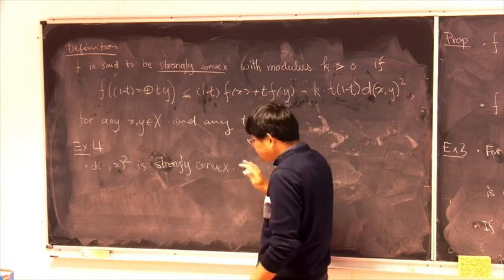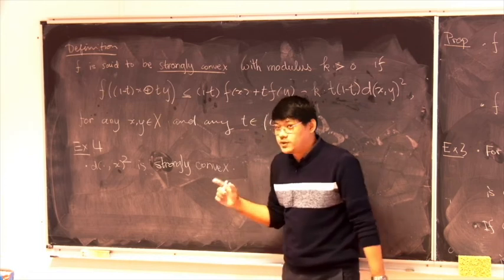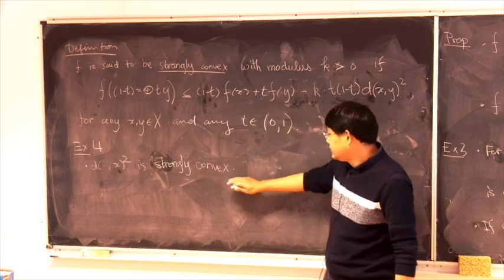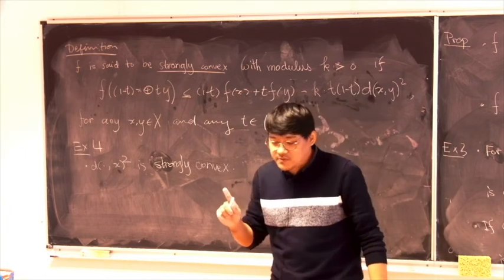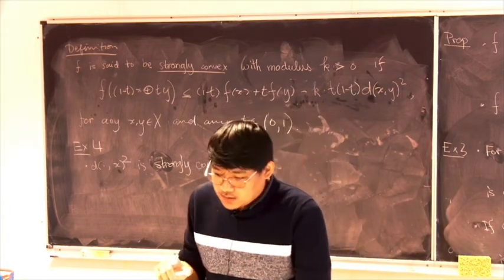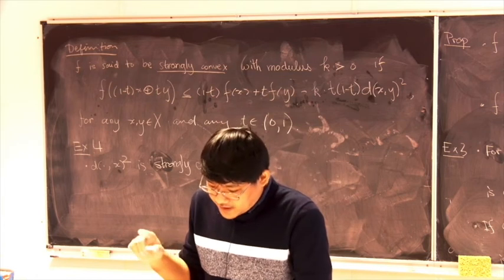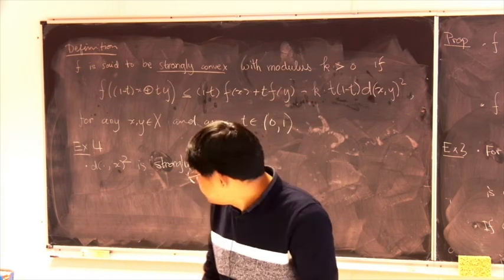Once again you have to keep in mind that the diameter of X needs to be strictly less than D kappa over 2.